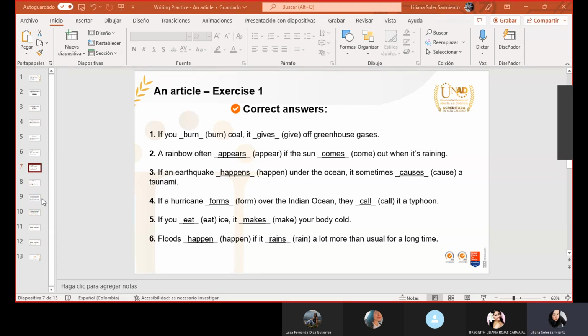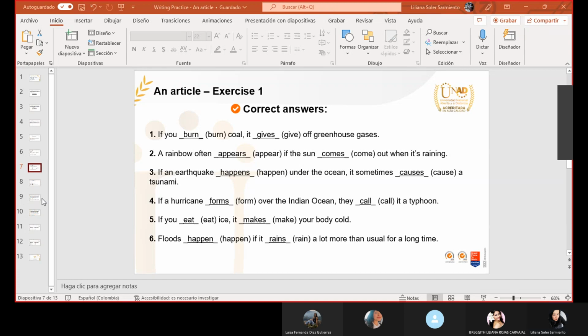Kersain, could you read the zero conditional number 3, please? If an earthquake happens under the ocean, it sometimes causes a tsunami. Yes, exactly.